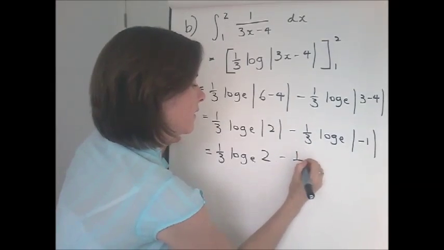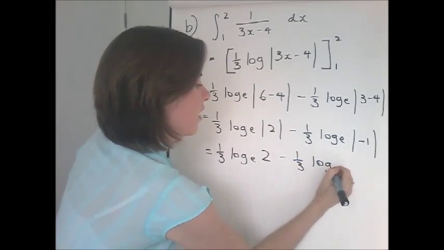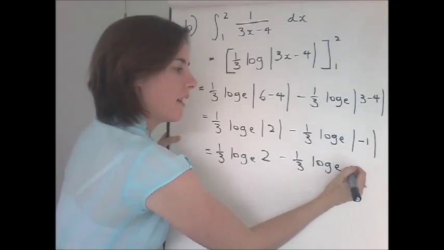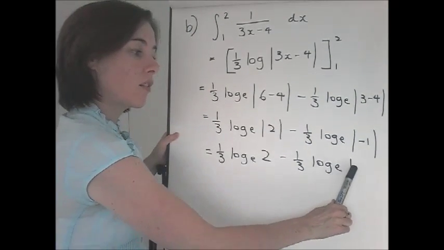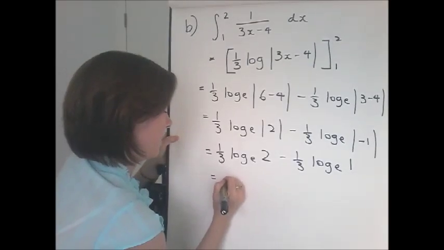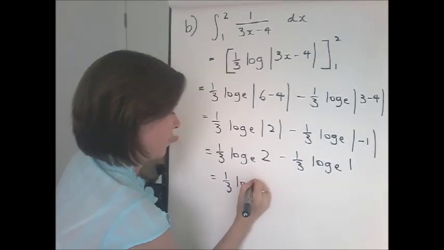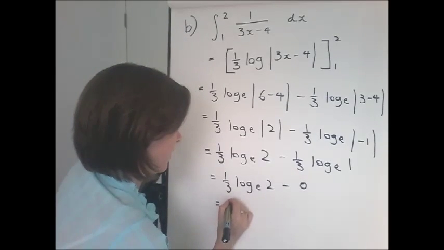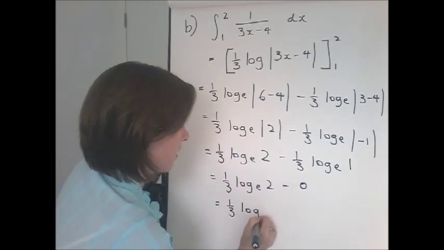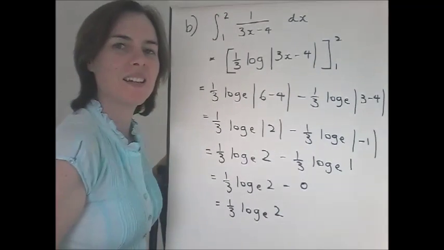And here a third log base e, we can take that now as positive 1. Log of 1 is 0, so we've got a third log base e of 2 minus 0, leaving us with a third log base e of 2.